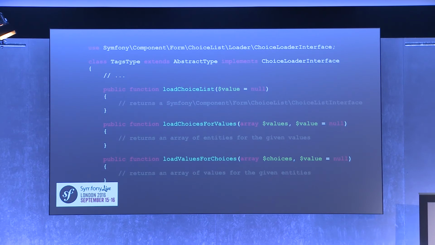You could separate the class, but in this case, I don't see any use for having it in a separate class. So we need to implement this interface so we can populate the choices option ourselves by calling load choice list, load choices for values, and load values for choices.